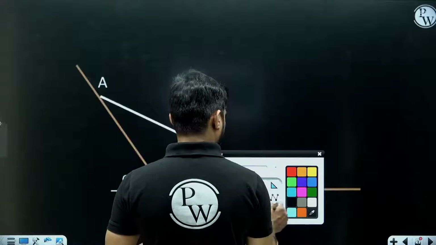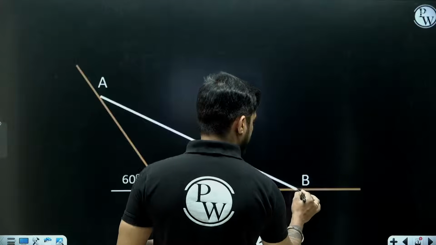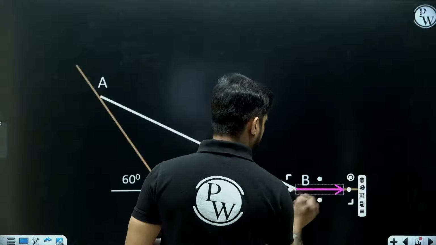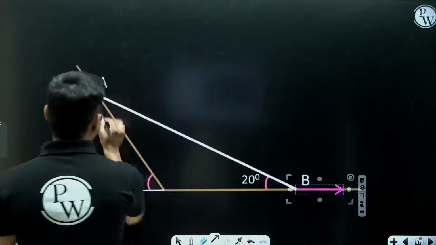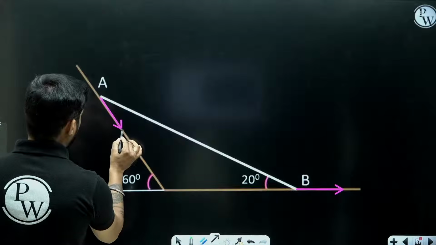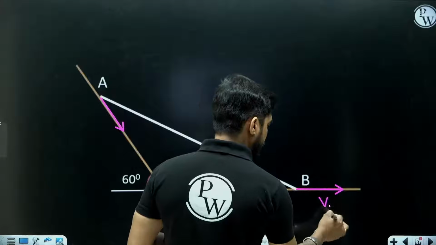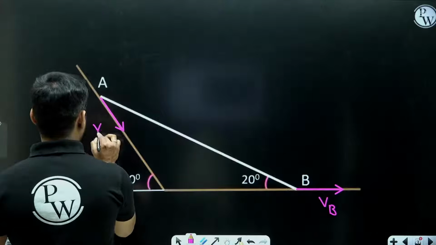Point B is going to move along this surface, so the direction of velocity will be like this, and point A is going to move along this surface, the direction of velocity will be this. So this is VB and this is VA.